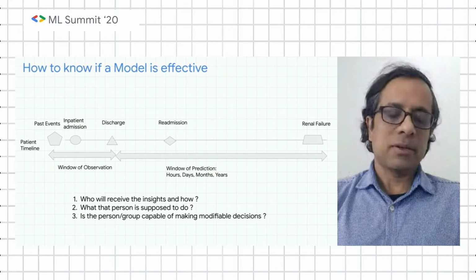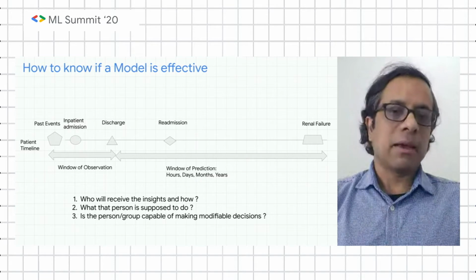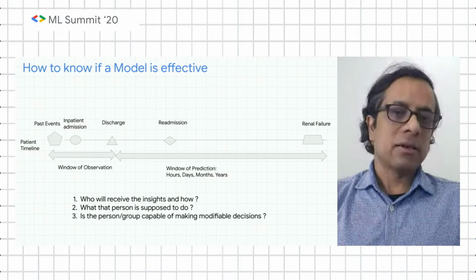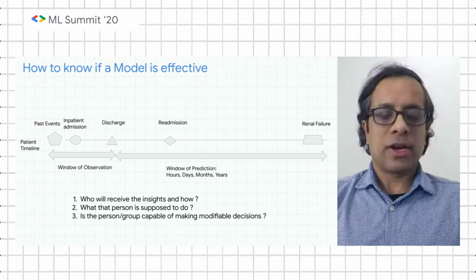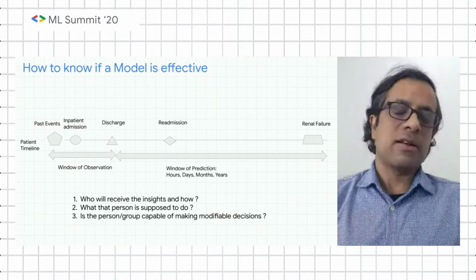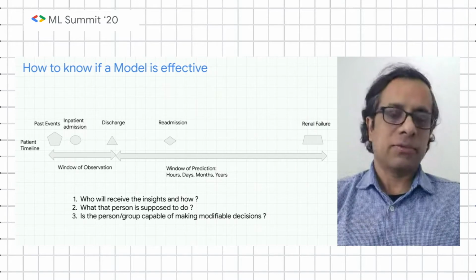The prediction may not be right, but that may help in having a better treatment plan for the patient. Here I'm showing you renal failure, and how to prevent renal failure from happening if a clinician can take actions right now.